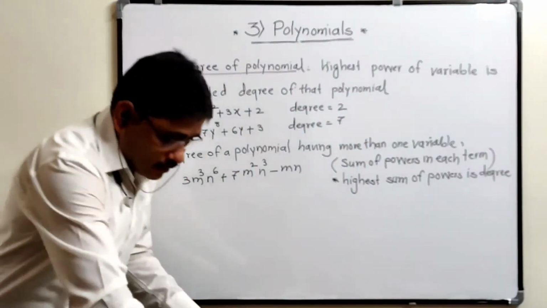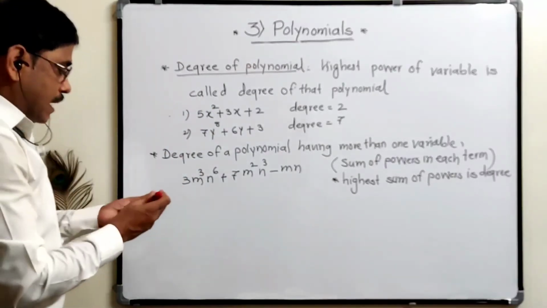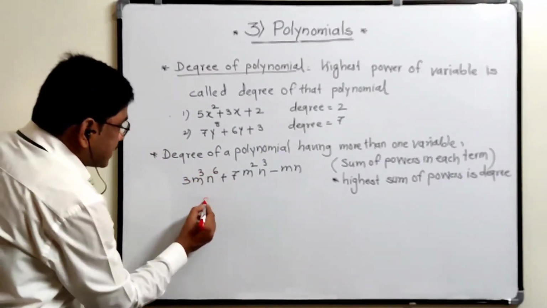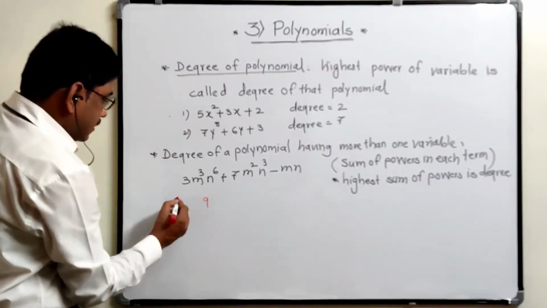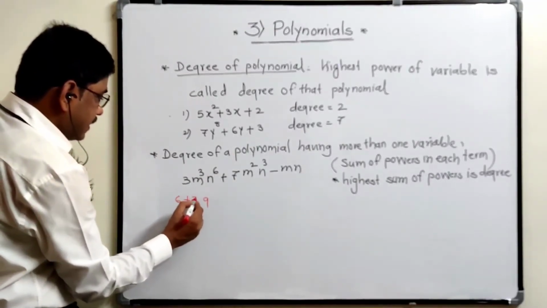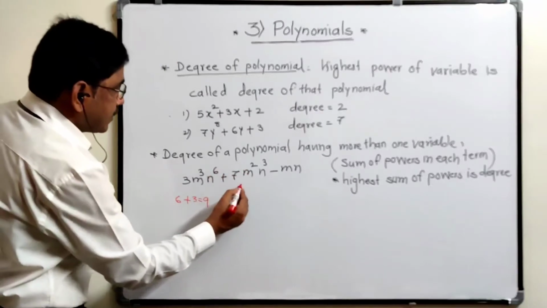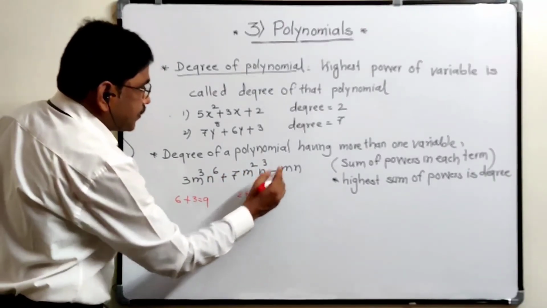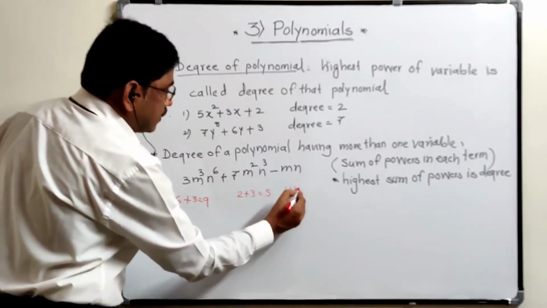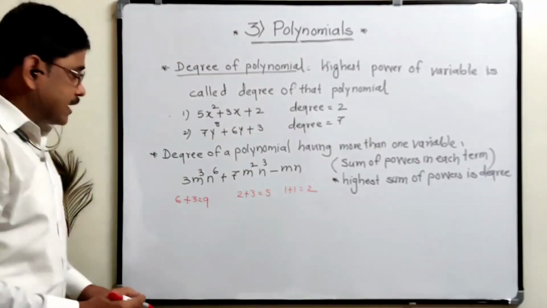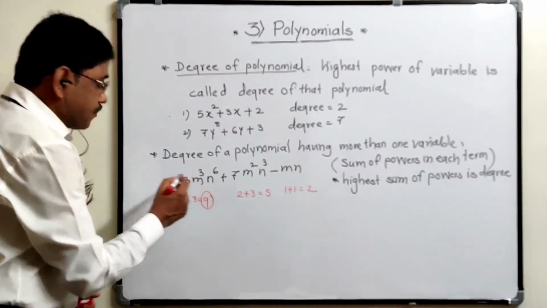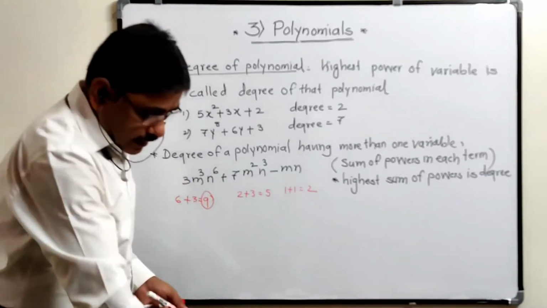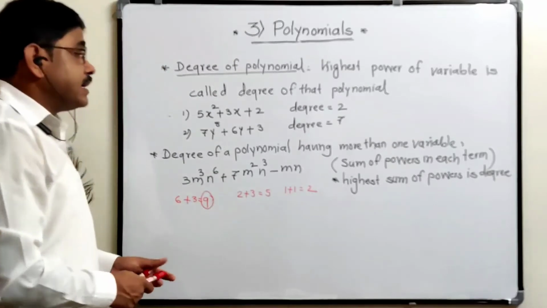So let us find the sums of the powers. Here, if we see the powers, 3 plus 6, here sum is 9. In second term, it is 2 plus 3, it is 5, and here 1 plus 1, it is 2. So what is the degree? The highest sum is 9. Therefore, the degree of that polynomial is 9.